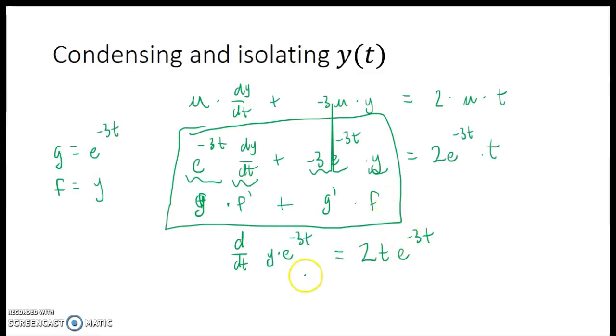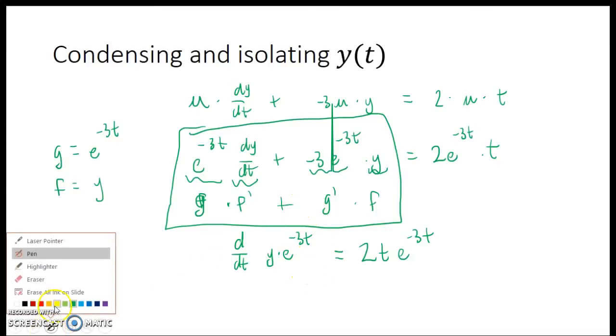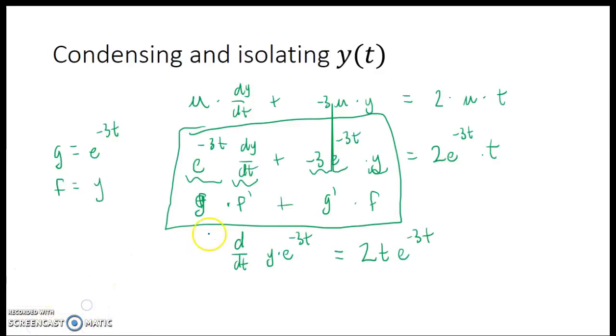And here's the beauty. Our whole goal is to integrate away any dy dt's. Well, I guess there's the derivative of y times e to the negative 3t, but I don't have any dy dt's left. So here is why we wanted the product rule. If I now proceed to integrate both sides with respect to t, then the integral of the derivative function is simply the function itself.